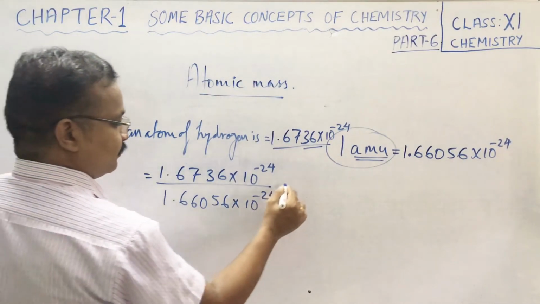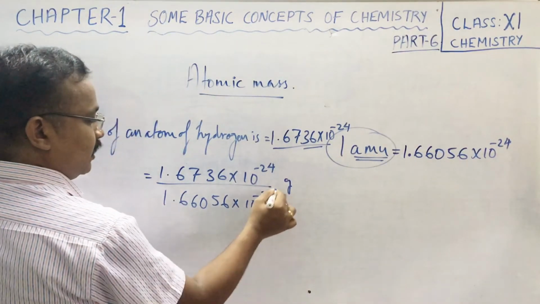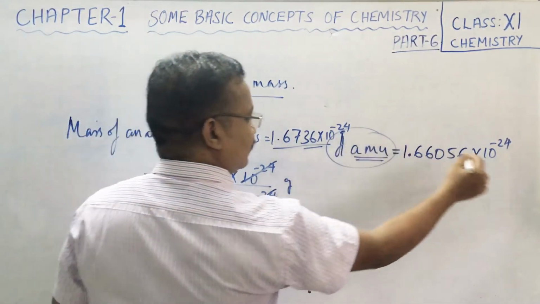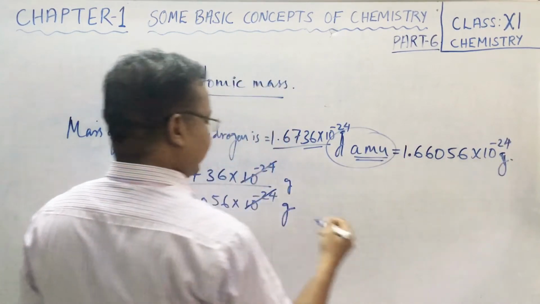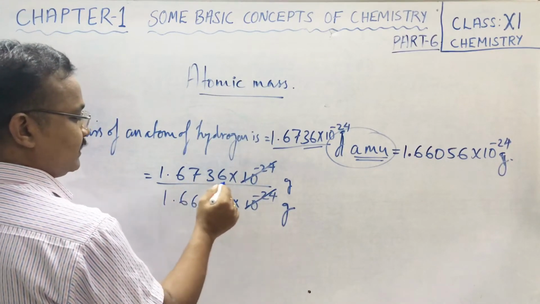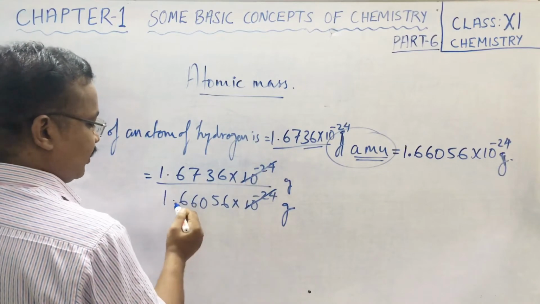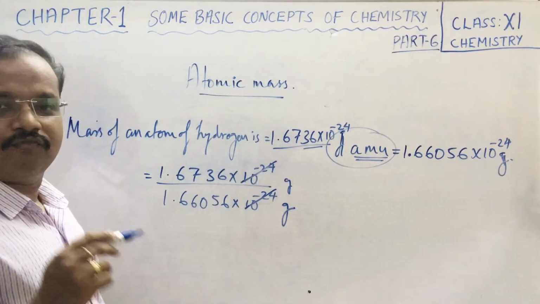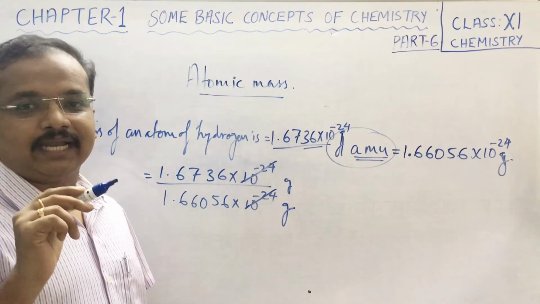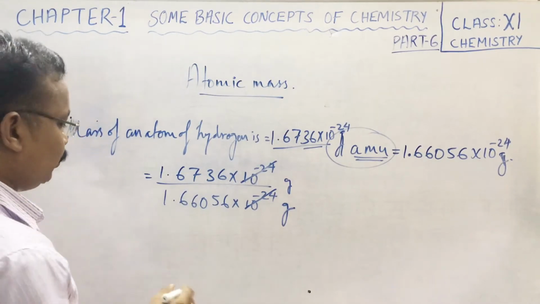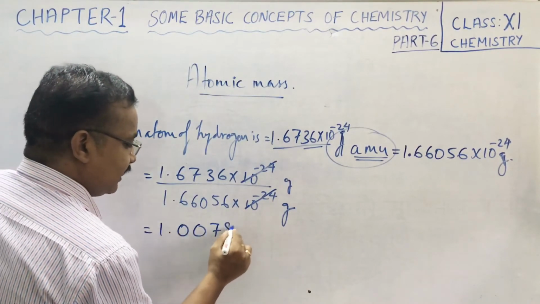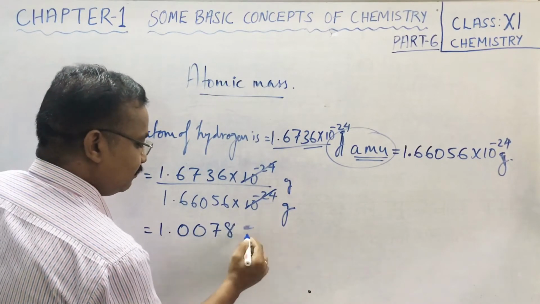These are all in grams, so they cancel, and that is equal to 1.0078 AMU.